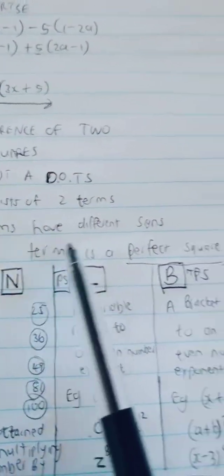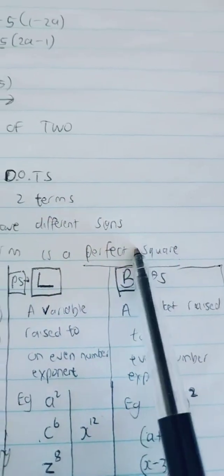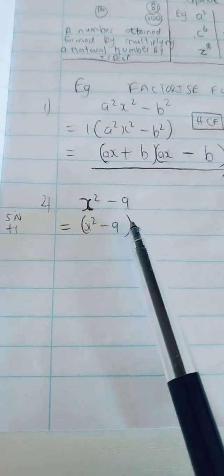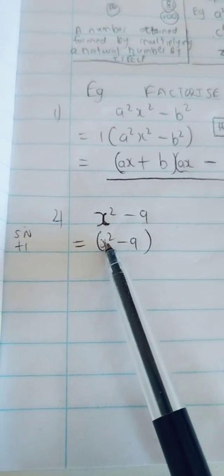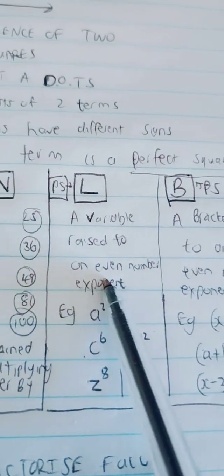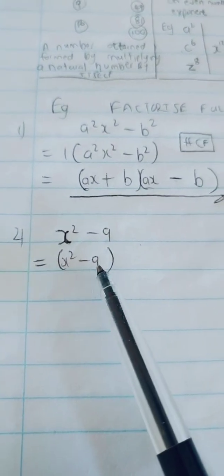3, does each term exhibit a perfect square? Yes, guys, this is x squared, and I said any variable raised to an even power exponent is a perfect square. So x squared is a perfect square. What about 9? Is 9 a perfect square?